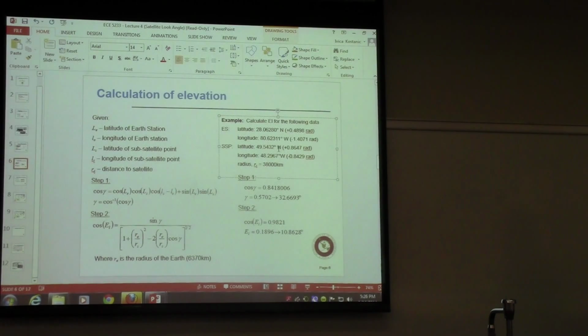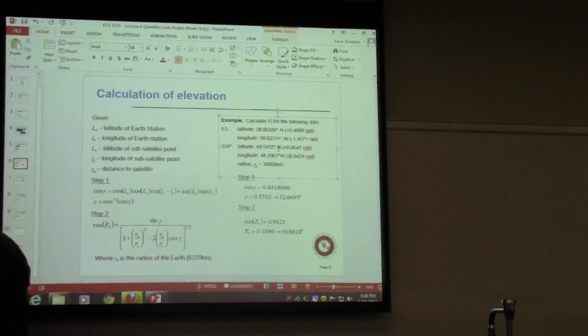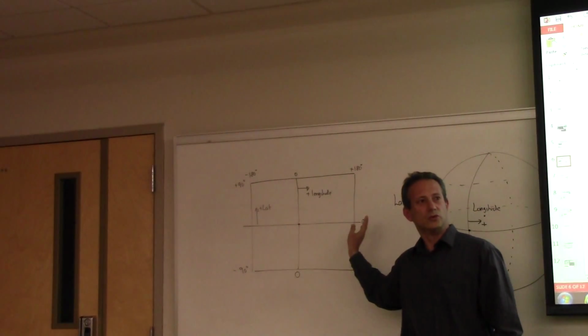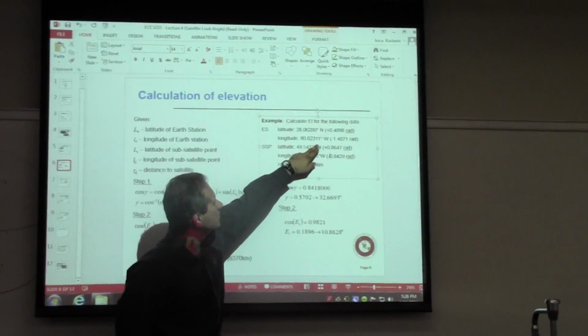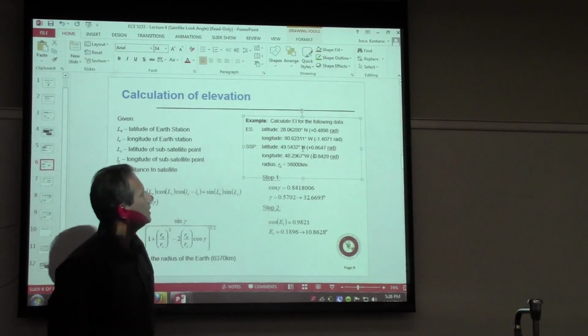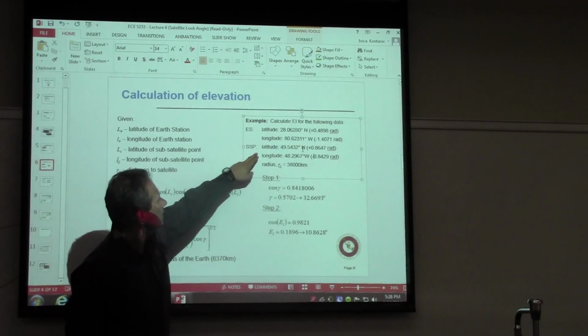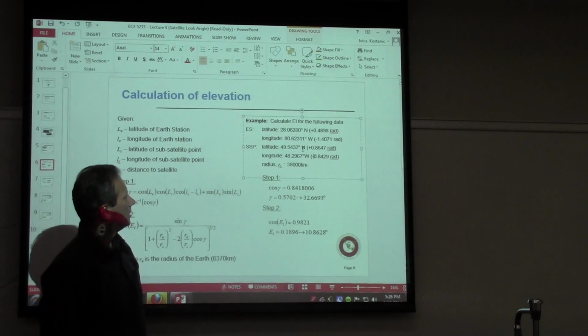As I said here, in most cases, longitude is positive if you go to the east and negative if you go to the west. So here, 80 degrees west means minus this many radians in longitude. Latitude is this, and then this is how many radians.